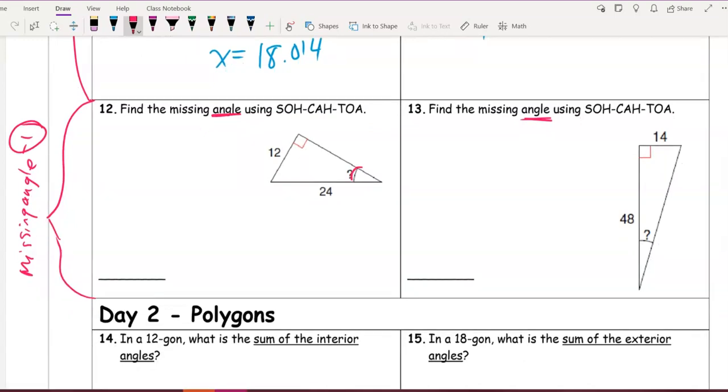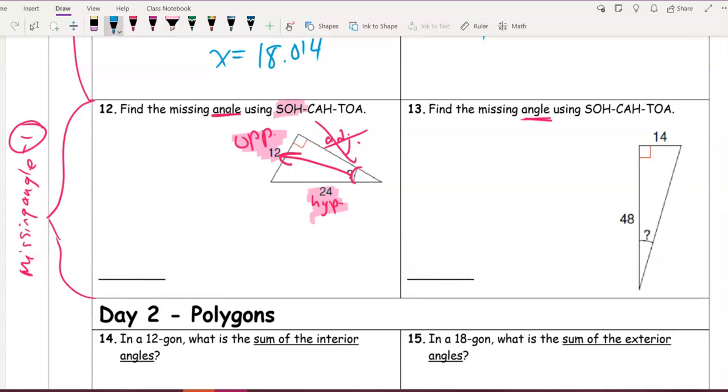All right, so let's take a look. Here's our angle in question. Here's our opposite. Here's our adjacent. And here's our hypotenuse. We have no number for adjacent, so we're not using anything adjacent. All we have is opposite and hypotenuse. Which trig function has opposite and hypotenuse? Sine.